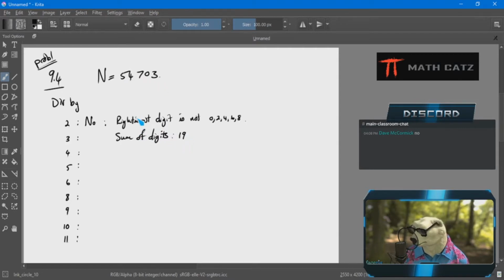And we could say here 19 is not divisible by 3, and therefore the original number is not divisible by 3. So I indicate that I do understand that the test involves the sum of the digits being divisible by 3 in order to be a yes. That fails, so it's a no.